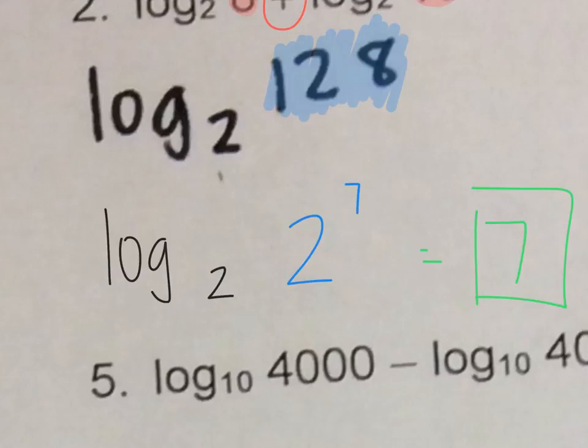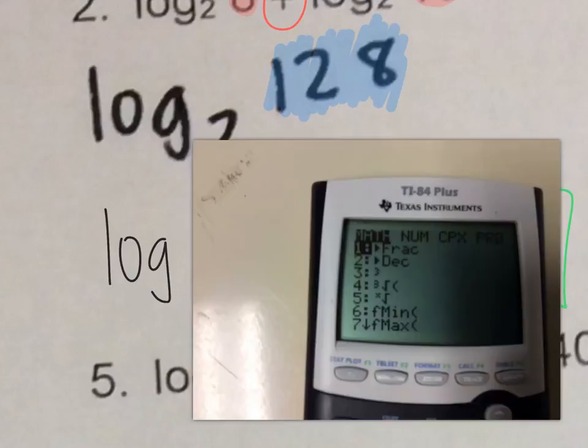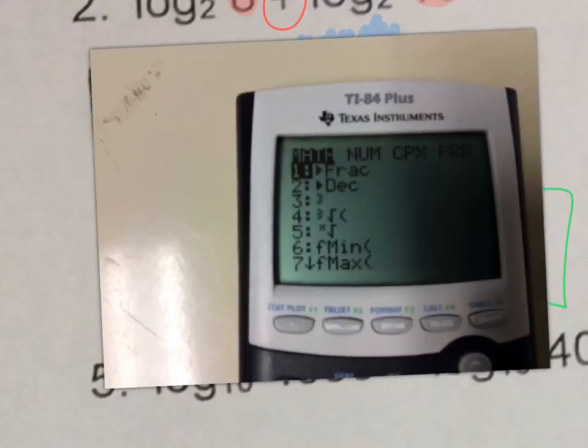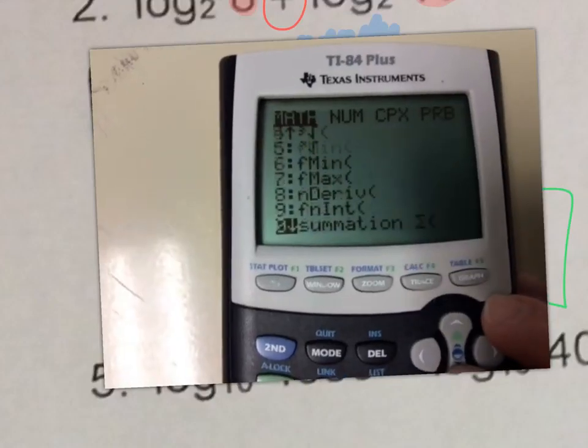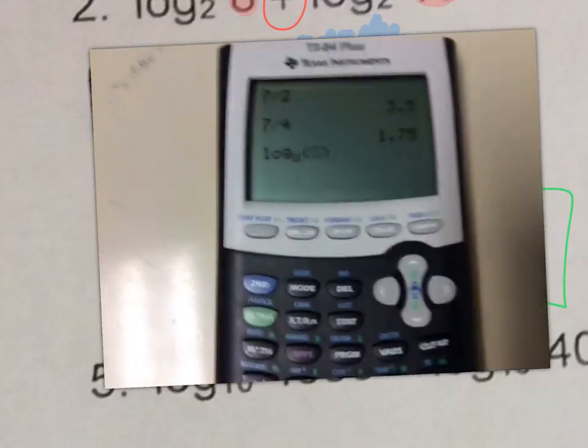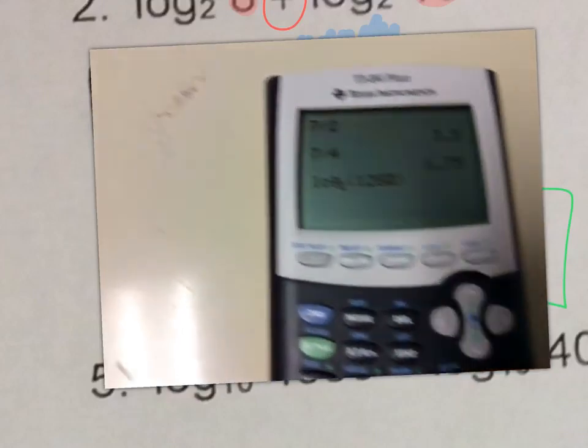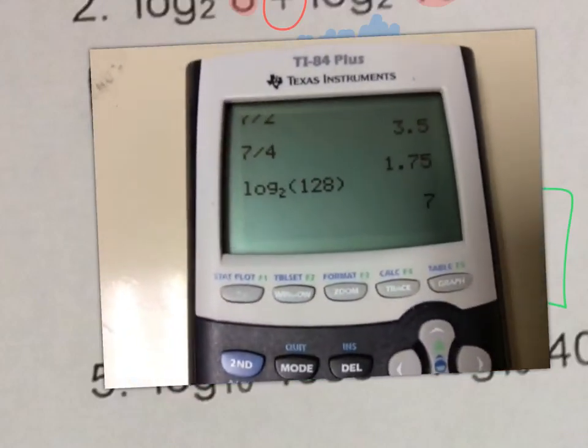How can you check that in the calculator? You can plug the original problem in. You could do 2 to the 7th, that would work, but you can plug the original problem back in. If you go to math, and you go down to log base, it's option A. Then you can do the log base 2 of 128, and you get 7.